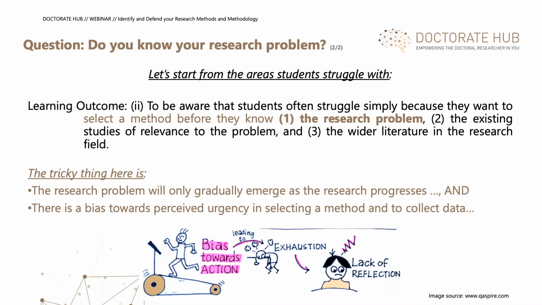And this is where time is invested. However, the tricky thing in here is that the research problem only will gradually emerge as the research progresses. And this bias, therefore, in the meantime, is taking over and often driving the research off the road.